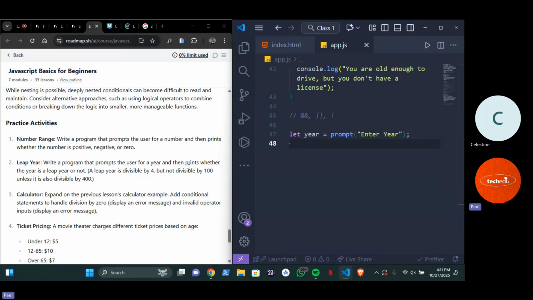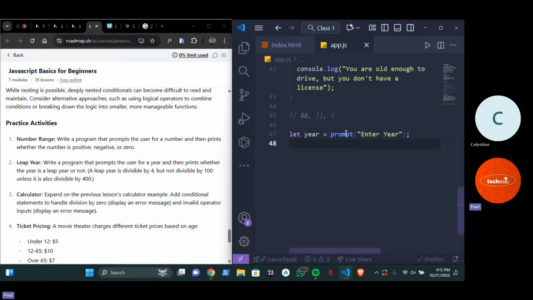Now, it says check if the year entered is a leap year or not. They said check if the year entered by the user. You don't understand prompt, so I explained prompt just now.